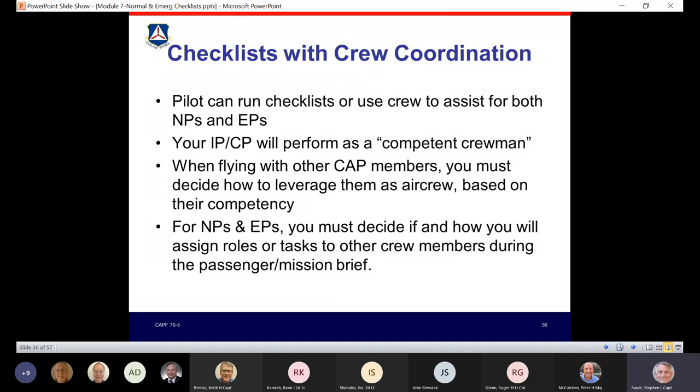So I recommend that you brief the flight as a CRM situation and take advantage of that opportunity. Although I suppose you can do it at your will as a single pilot resource.